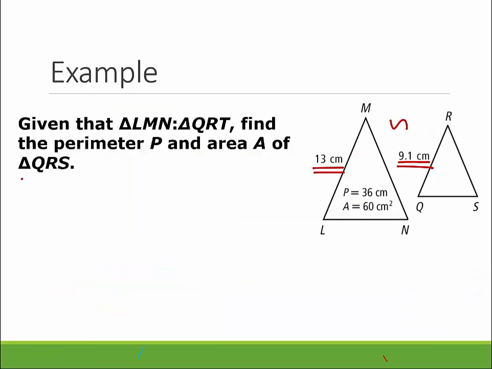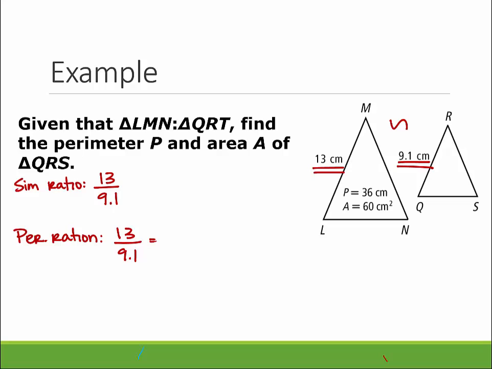So the similarity ratio, let's do 13 over 9.1. And since we can't simplify that, let's just leave it. We know that the perimeter ratio has to be exactly the same. Has to be 13 over 9.1. So that means that our perimeters have to match up.